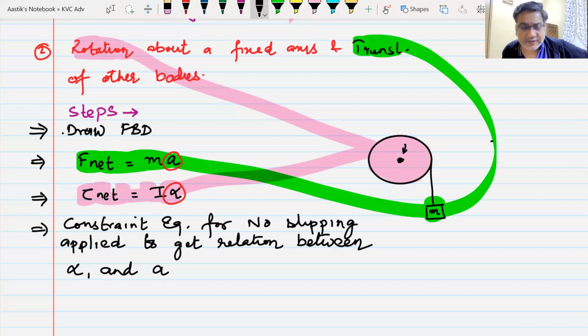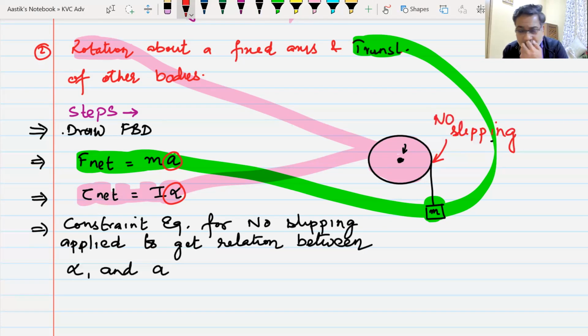It might not be said, but if the question is framed correctly, they will always give you this condition that there is no slipping between the rope and the pulley.